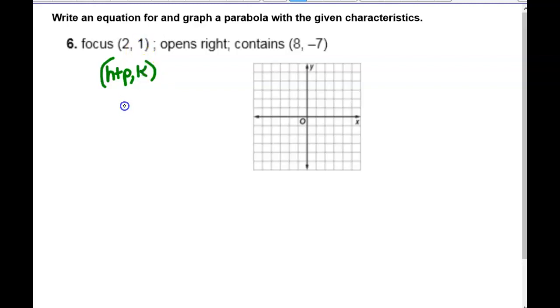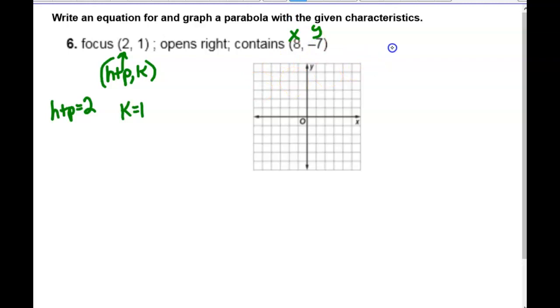Yes, k is 1, right? It's the only thing we know for sure. We know h plus p equals what? 2? All right, if they give us this point, that's an x value and a y value. Everybody good?